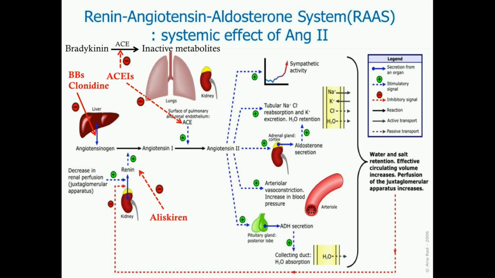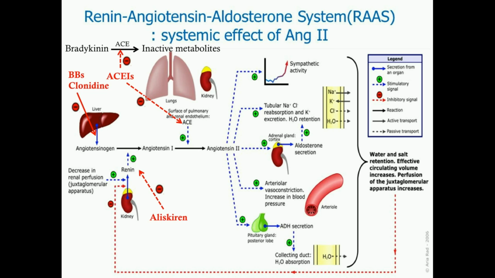But there is one more place where ACE works. ACE actually has a role in the kallikrein-kinin system, which I talked about in one of my older videos that I made a while ago on hereditary angioedema. And what the kallikrein-kinin system is, it's a system that your body uses to cause inflammation, induce inflammation.